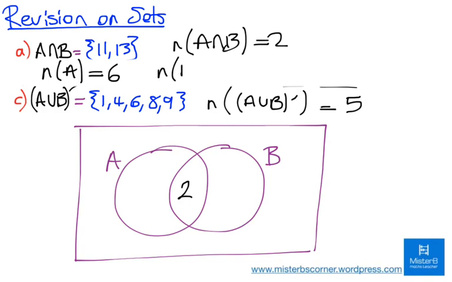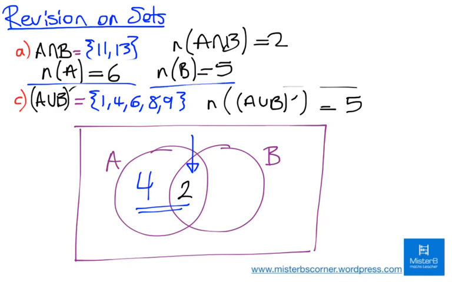And number of elements in B, number of members in B is numbers bigger than 9, so it's going to be 10, 11, 12, 13, 14, so it's going to be 5. Now, careful. The set A has 6 elements, of which 2 are in A intersection B only. So I have to write 4 here, because together they must make 6. And the same applies to B. It has 5 members, of which 2 is here in the intersection, so this must be 3.